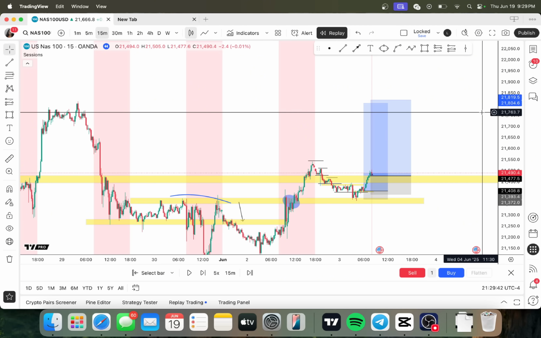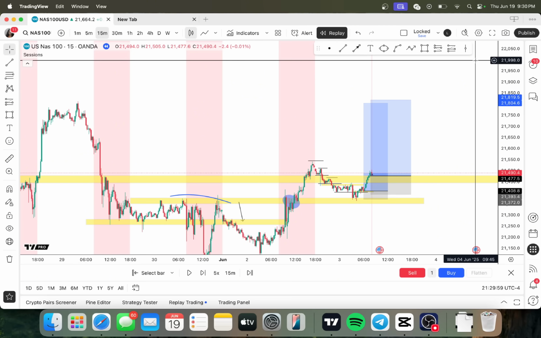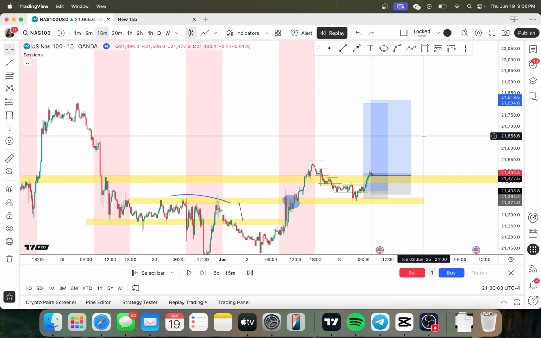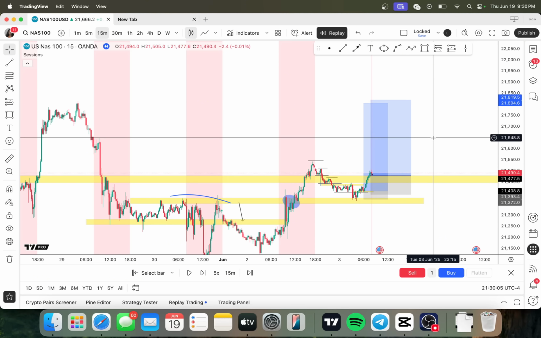You're going to sell it to somebody that doesn't have an iPhone 16 because they're looking to buy it. So same thing with your trades. You're not going to take your buys to somebody who already has buys. You're going to take your buys to sellers. And if you're a seller, you're going to take your sells to a buyer because they're looking to buy your sells. So just go rewatch my YouTube live that I did the other day if it doesn't make sense, because I went more in depth.